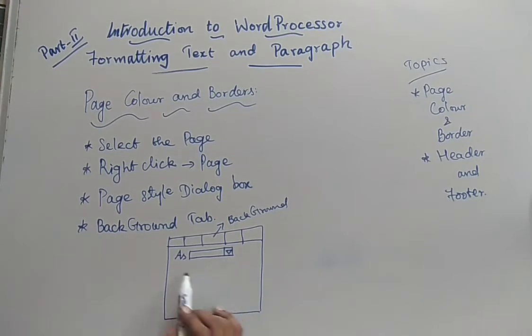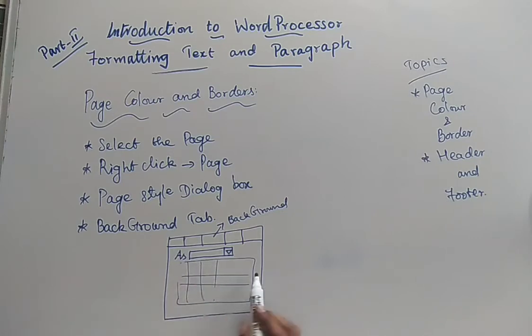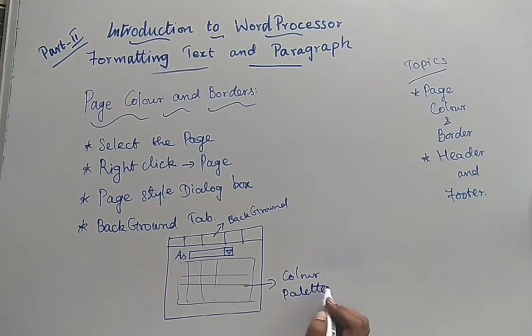Click it here means immediately a color palette will be displayed. Here all set of colors will be displayed for you. So this is nothing but your color palette. All sets of color combinations will be displayed for you. In that you can select what you need.